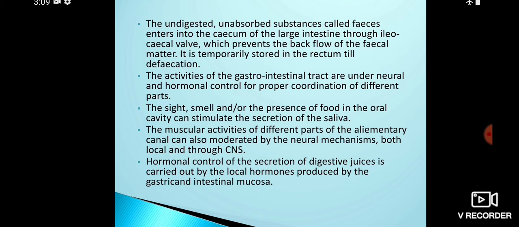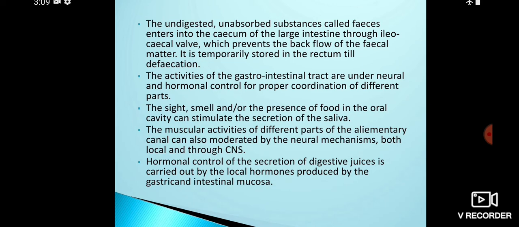Because when you see with the help of your eyes, after observing with your vision, your nose is going to take the smell of that food. When your eyes and the nose perform their activities, immediately your brain, your central nervous system, is going to identify that food and makes your salivary glands stimulate the secretion of saliva.